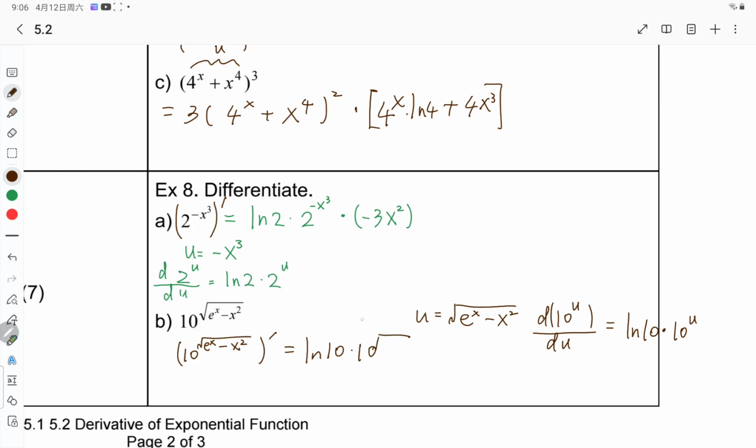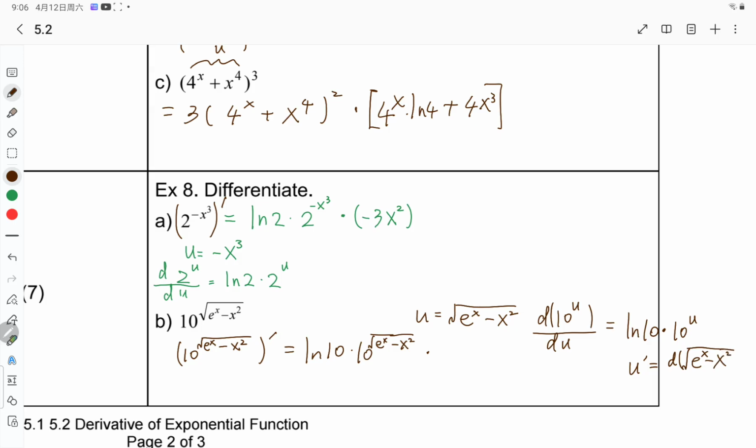So it's actually just the function itself, okay? And then times this prime, u prime, okay? U prime is just d dx, right?